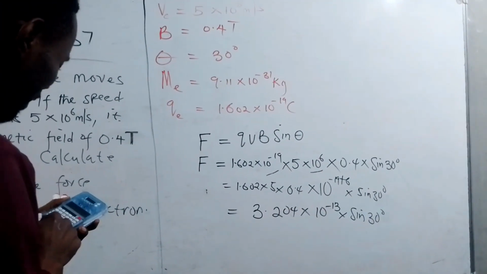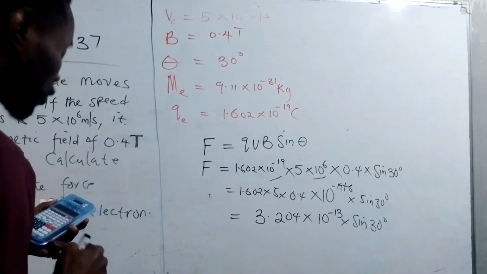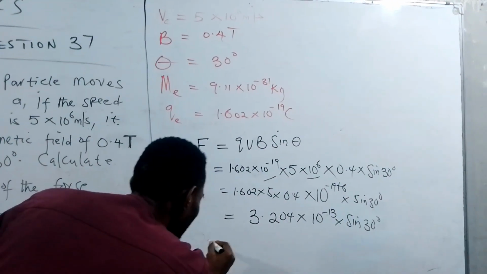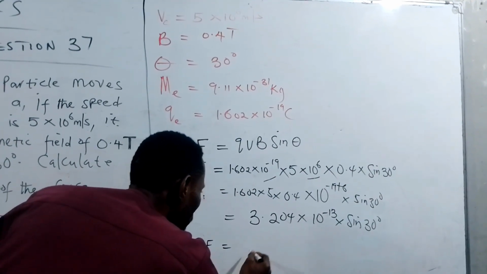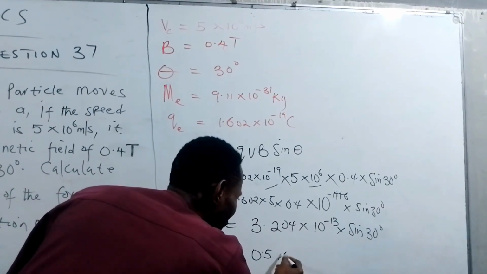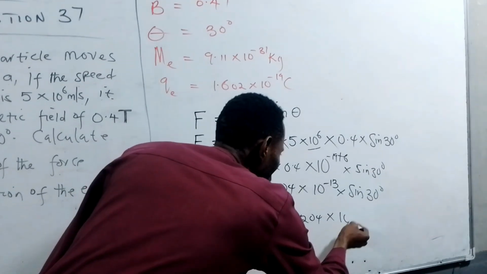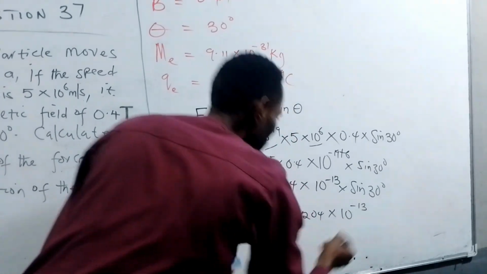So what do we have there? Sine 30 is equal to 0.5. So we have the force as equal to 0.5, which is the sine 30 degrees, times 3.204 times 10 raised to the power minus 13.